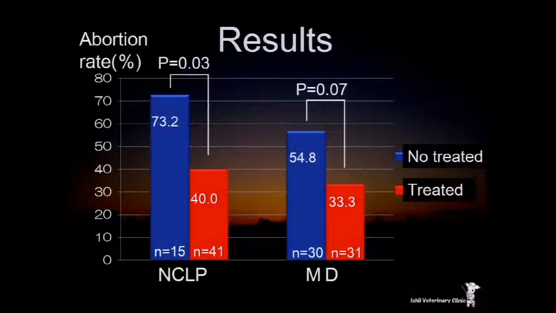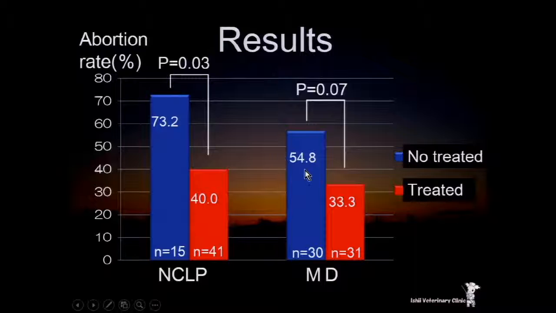Results. In the cases of NCLP, 73.2% aborted if nothing was done, but it decreased to 40% by SIDA. And there was a statistically significant difference.